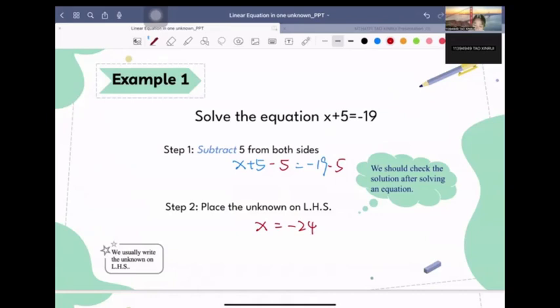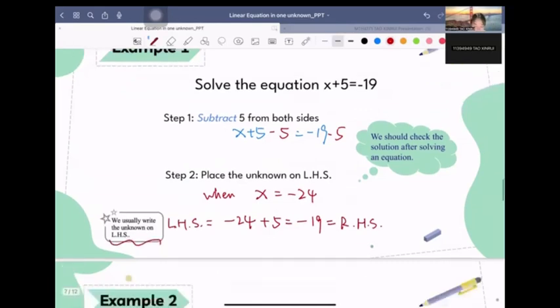We also need to check the solution after solving an equation. When x is equal to negative 24, negative 24 plus 5 gives negative 19, and this is equal to the right hand side, and this is the left hand side. We usually write the unknown on the left hand side, so we need to remember this.